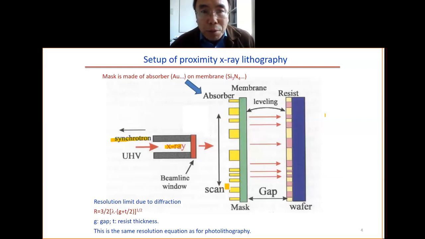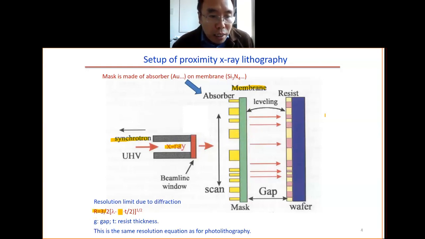Secondly, for normal optical lithography, the photomask is made of absorber and substrate. Here there is also an absorber, it's the same thing, but here the substrate is a membrane rather than a thick glass. We know for optical lithography, this part is millimeter thick glass, but here it is a very thin membrane. But anyway, this is a kind of optical lithography because we have X-ray light shining through the mask onto the resist.